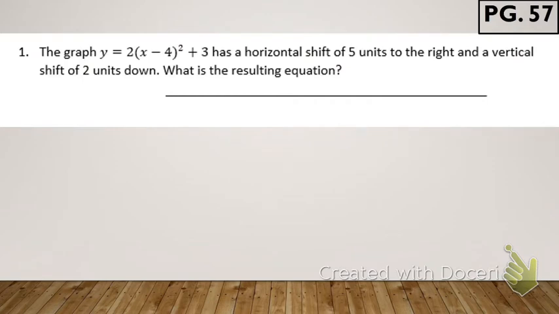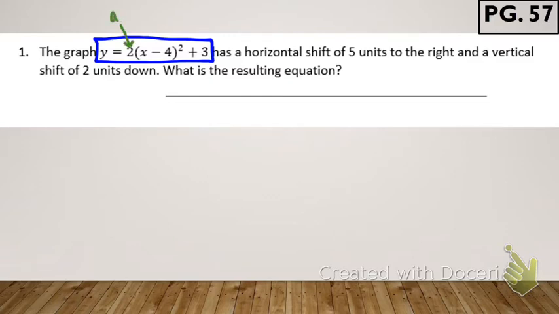So this problem right here. If I had this parabola graphed, y equals 2, and then inside the parentheses we have x minus 4 squared plus 3. Can you tell me which piece is A? Yep. The 2.